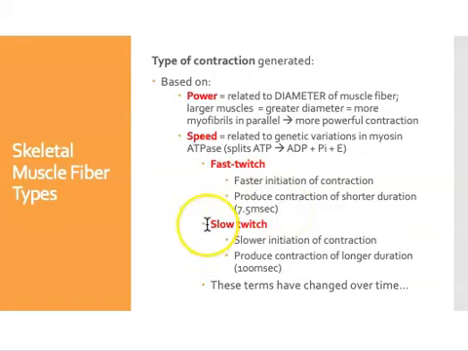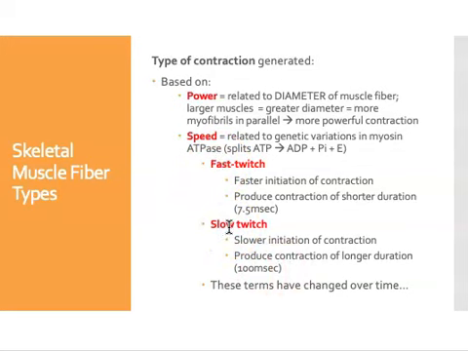Now, slow twitch fibers, in contrast, are going to initiate the contraction more slowly, but they can hold the contraction longer, up to about 100 milliseconds. All right, so fast twitch and slow twitch.